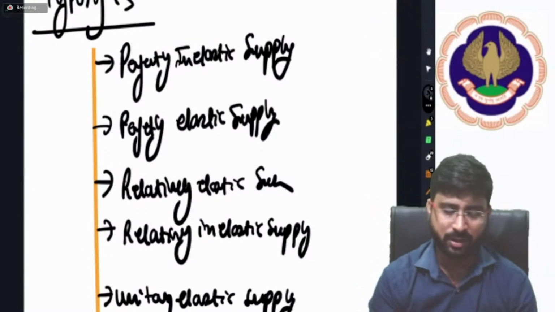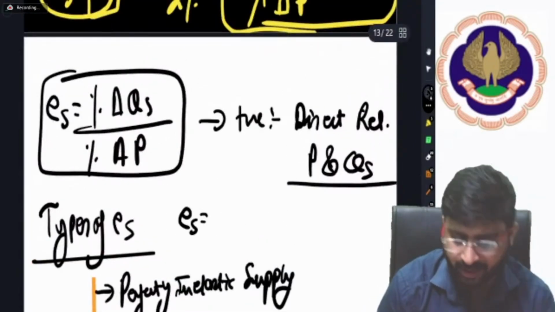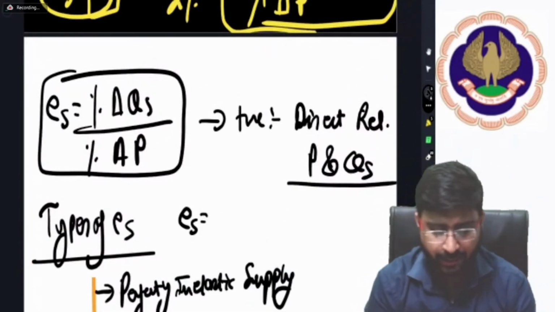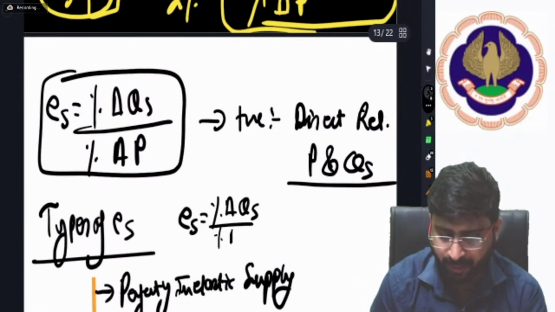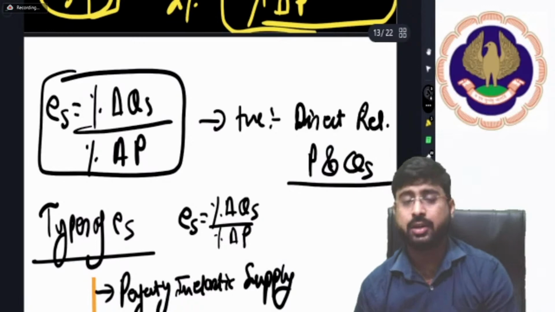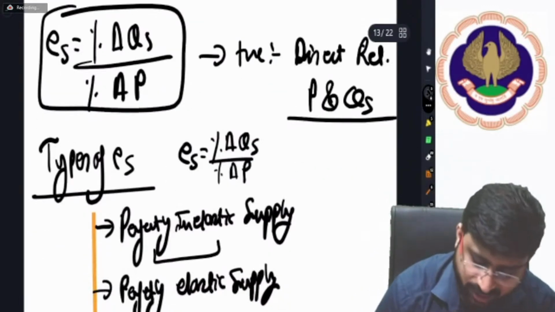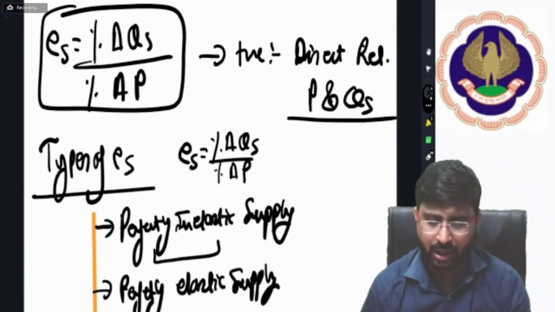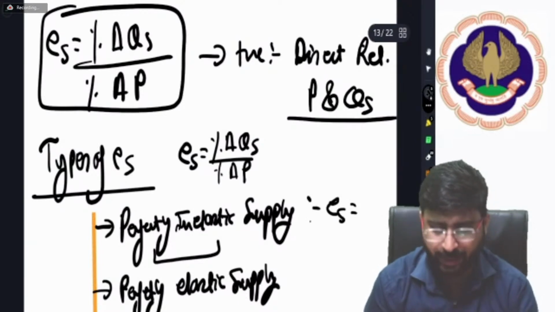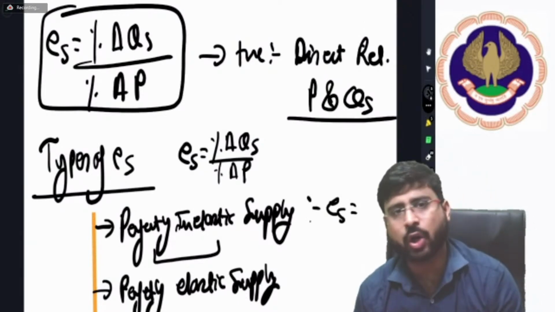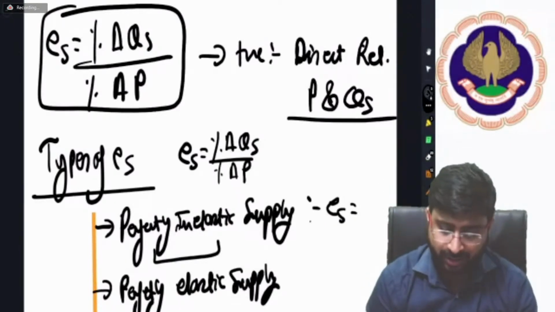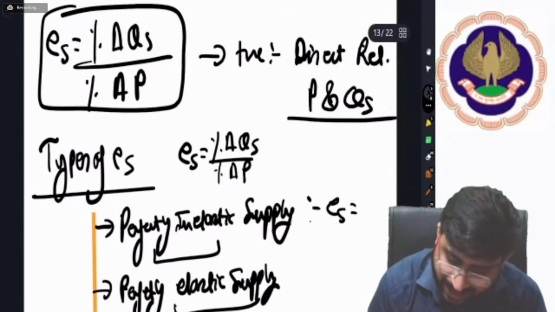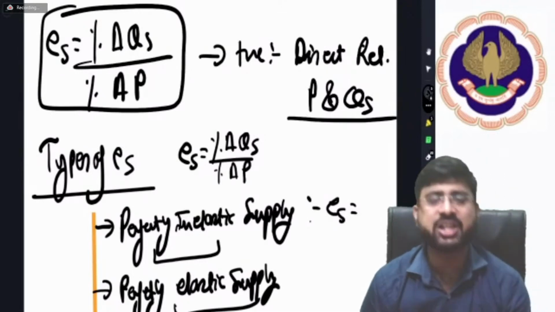Perfectly inelastic supply. First of all, how is elasticity of supply determined? It is percentage change in quantity supplied by percentage change in price. Now we are discussing inelastic supply. Here price will change, but in inelastic supply, quantity will not change at all.